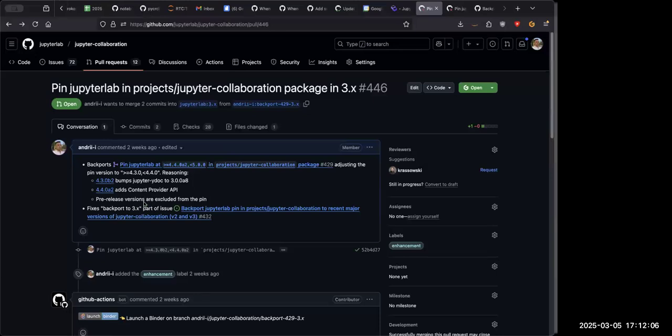In particular, for example, does this pin make sense to contributors? Yeah, essentially looking for any advice or feedback here.